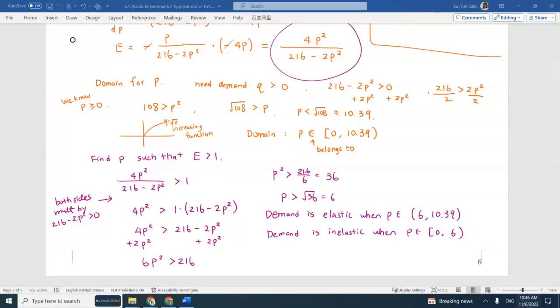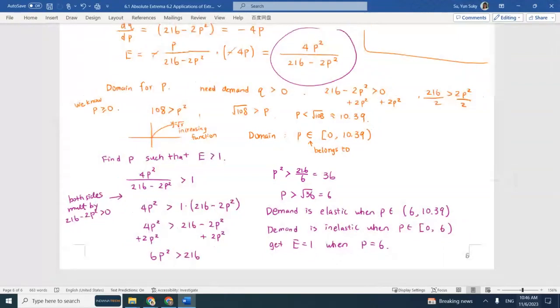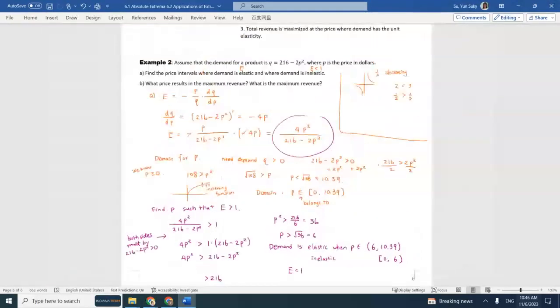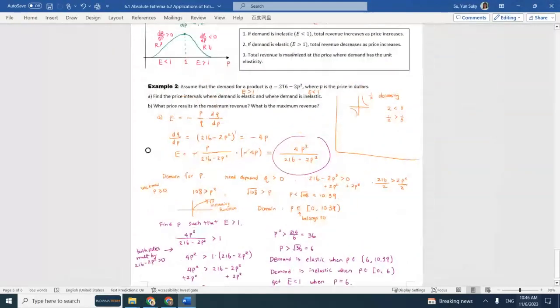You just change all the greater than to less than, right? And we get E equals 1 when P is 6, right, everybody? And furthermore, we just showed that when E equals 1, the revenue is maximized.